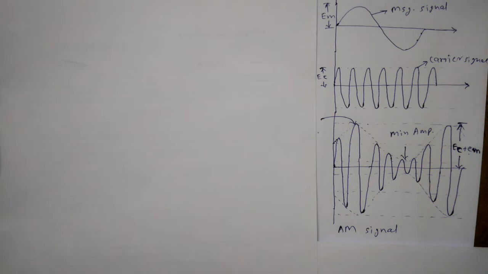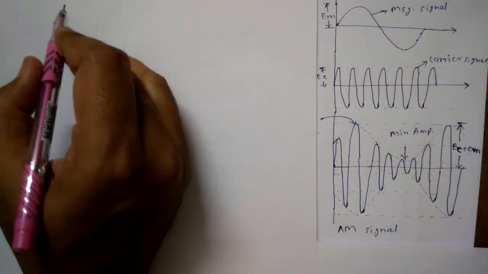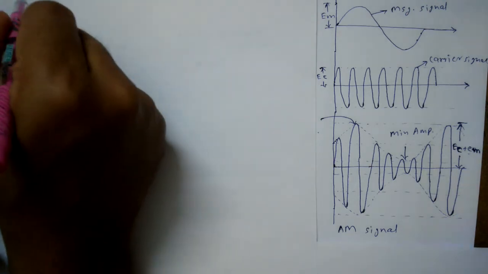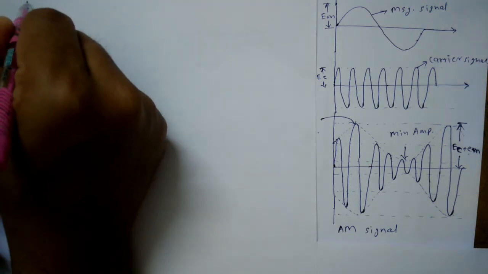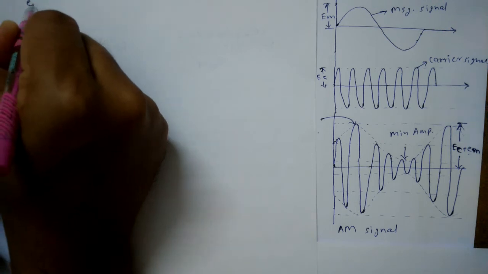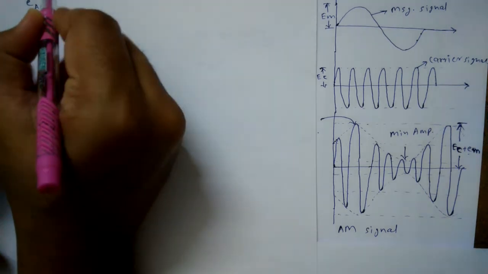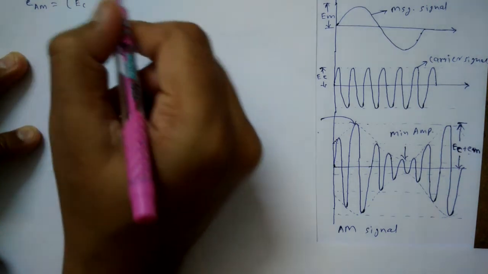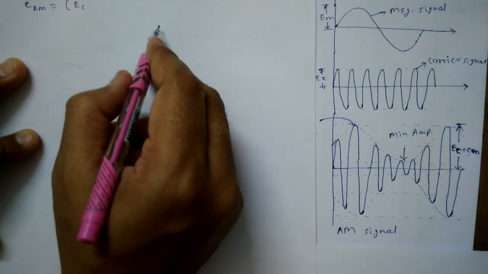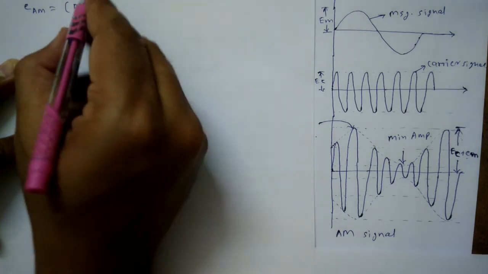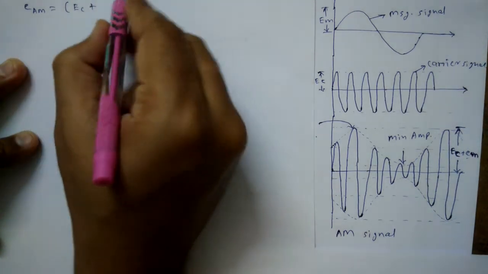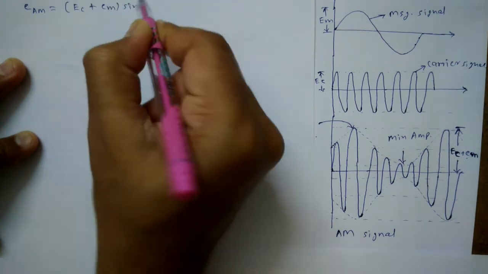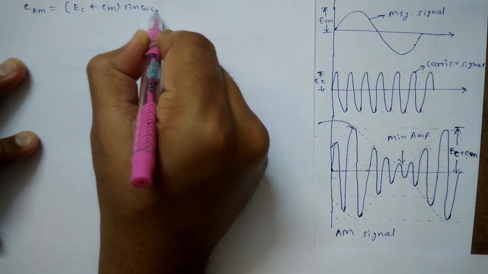So now we will proceed with the previous equation that we have got. We have the equation for the instantaneous value of the modulated signal, and it was given like eAM equals (EC plus em) sine omega c t.